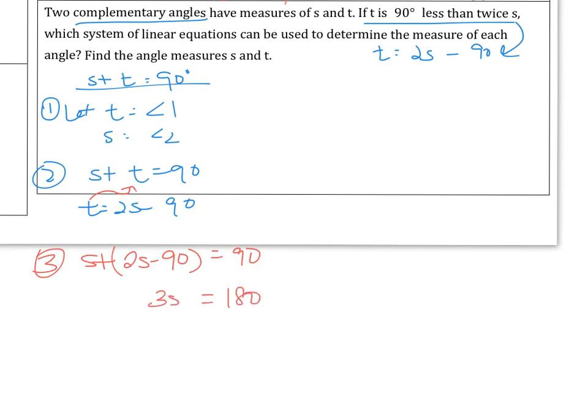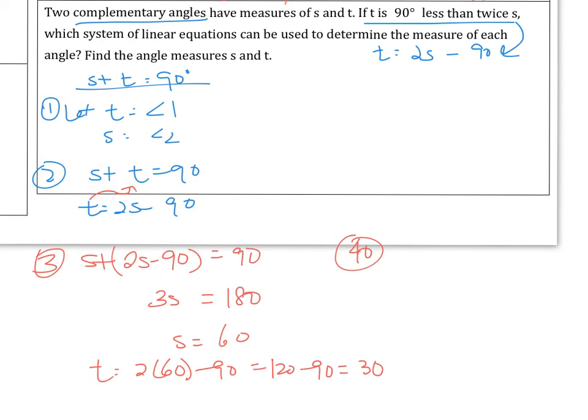So 3S equals 180, S would equal 60. And then I'm going to choose T equal to 2 times 60 minus 90. This is 120 minus 90, which equals 30.